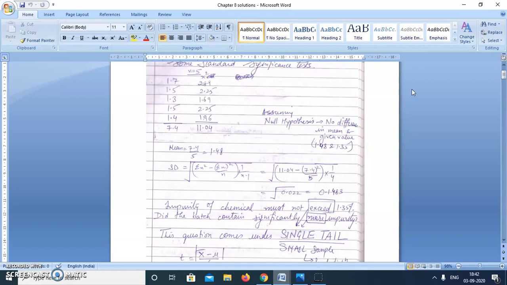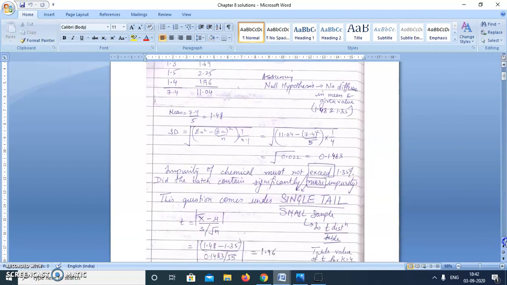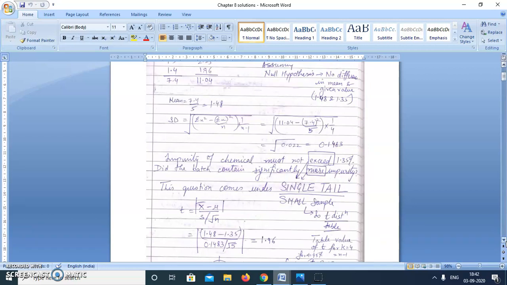For that, first we'll calculate the standard deviation, which we already know. I have shown the calculations, which is 0.1483. Now this question comes under small sample because the number of readings is less than 30. So we'll see the t distribution table.